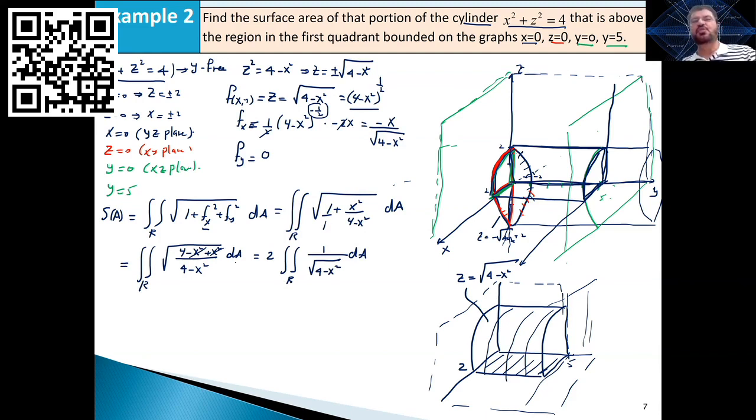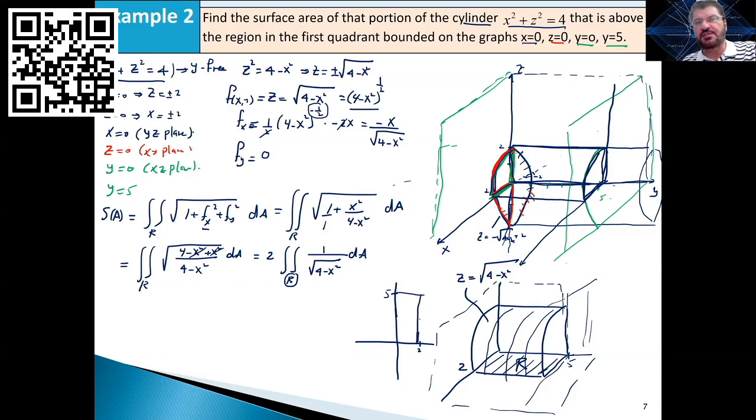All right, how do you do this one? If we divide it by 4, actually, I don't know if you remember this one. What's the integration of 1 over the square root of a squared minus x squared? So before we do this one, let's go first to the limits of integration. Where is R? R is this region, guys. So this region, if I graph it here, x is 2 and y is 5.